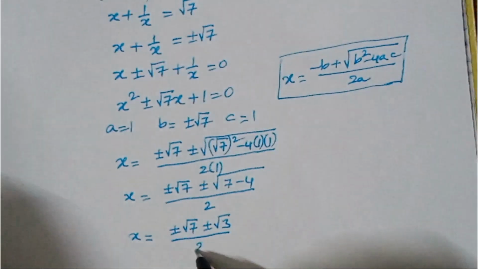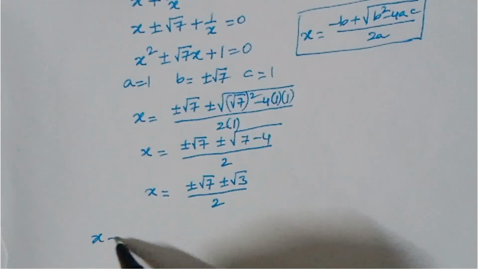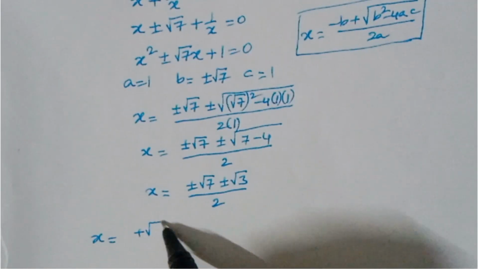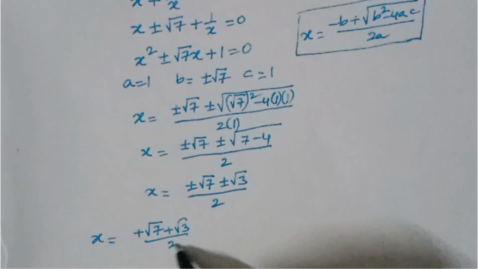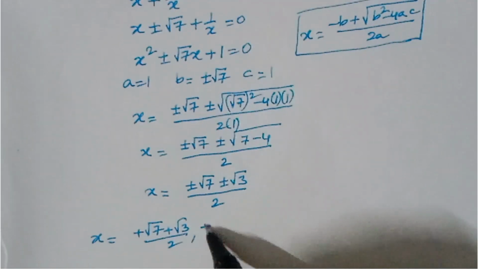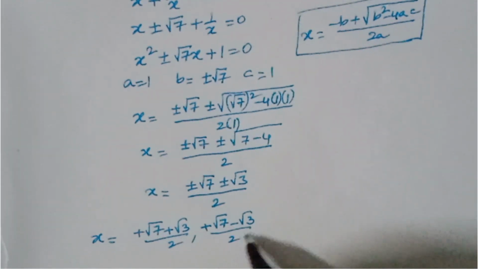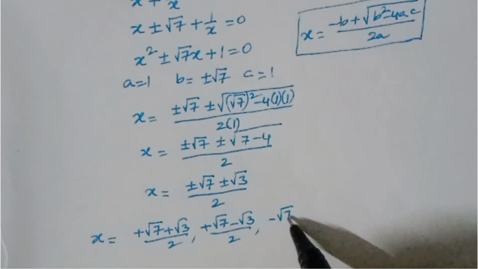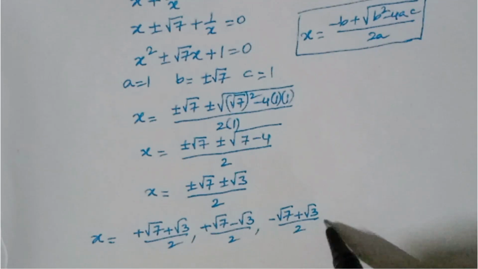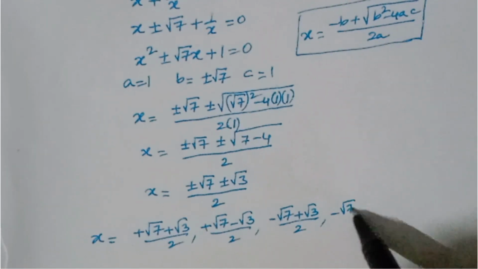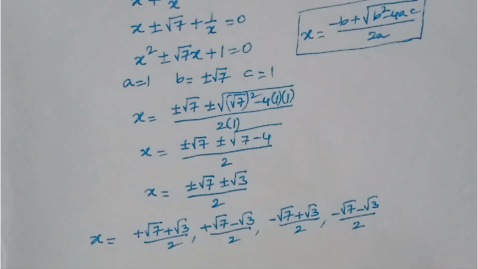So the possible values of x, we are having 4 possible values: plus root 7 plus root 3 by 2, plus root 7 minus root 3 by 2, minus root 7 plus root 3 by 2, and minus root 7 minus root 3 by 2.